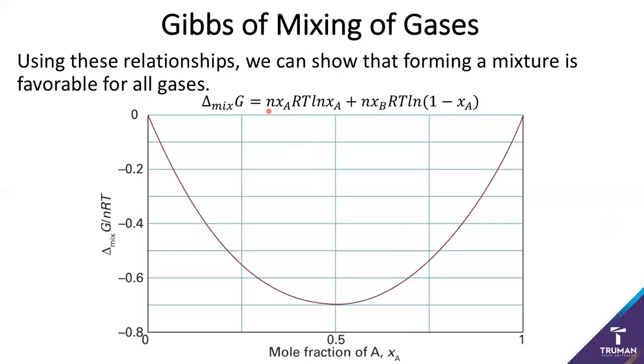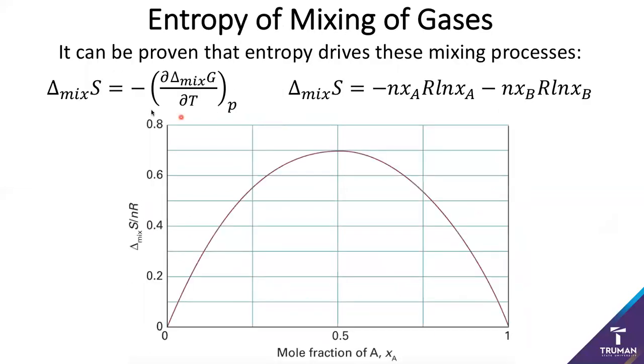And we can actually prove this by making use of one of our old relationships, which is that the entropy of a reaction, or any entropy, is equivalent to the negative of the isobaric change in free energy with temperature. So again, a good old throwback to our fundamental equations.